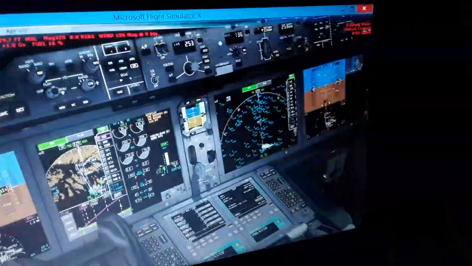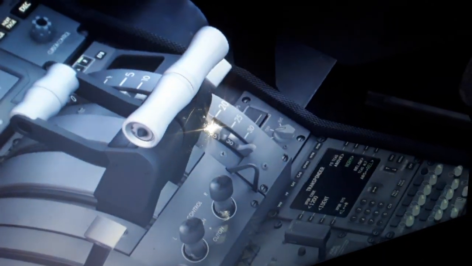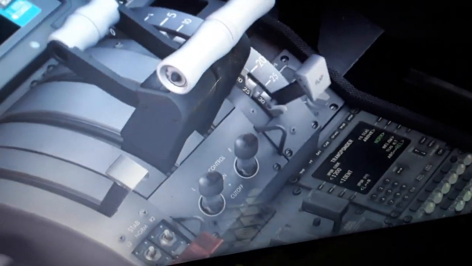I will talk to you now. We have the fuel control to the left and the right engine over here. The fuel flow for the left and the right engine, fuel control, on and cutoff switch, the flaps over here, position, retract or extend, speed brakes also.